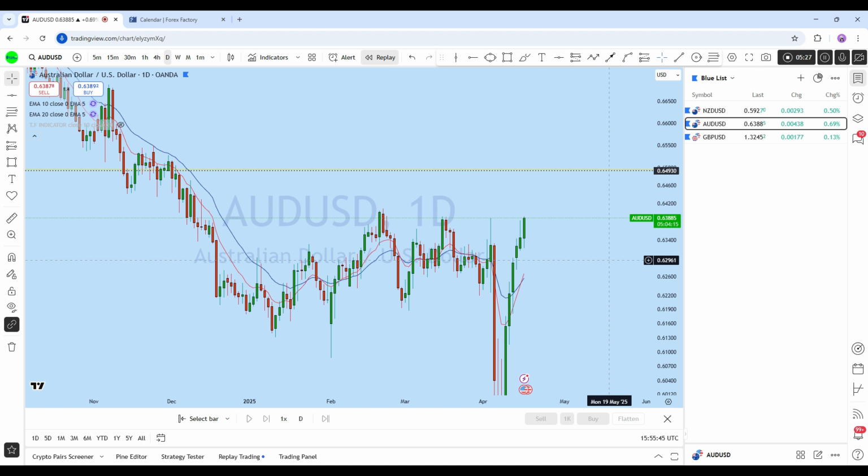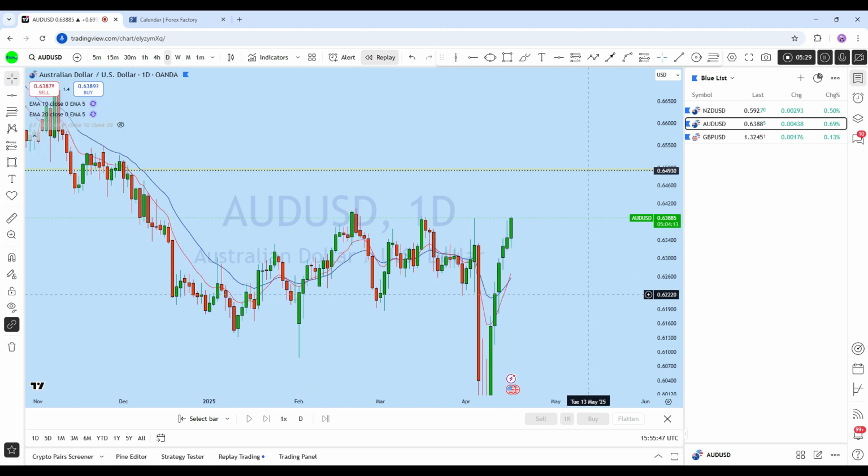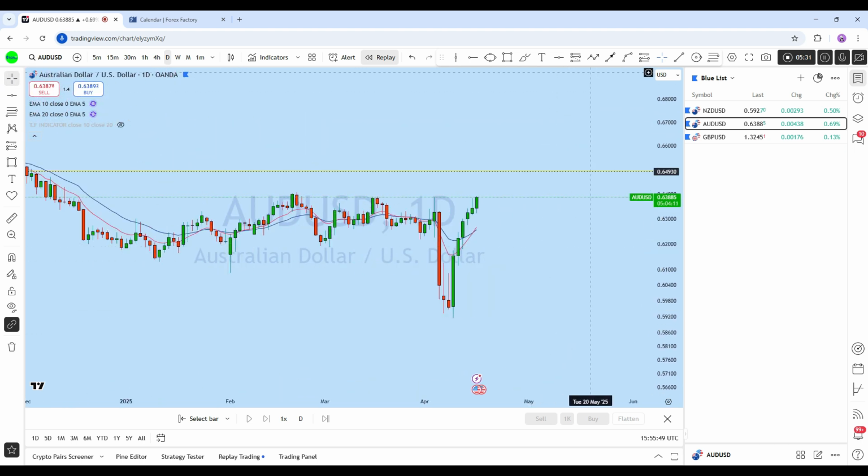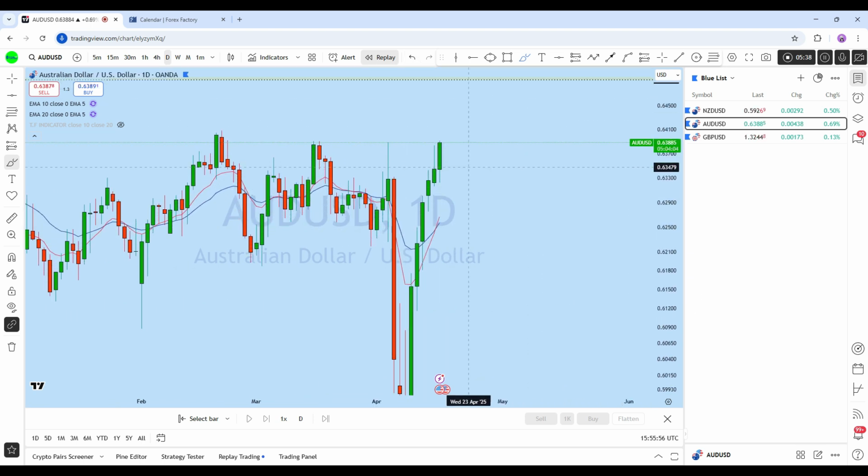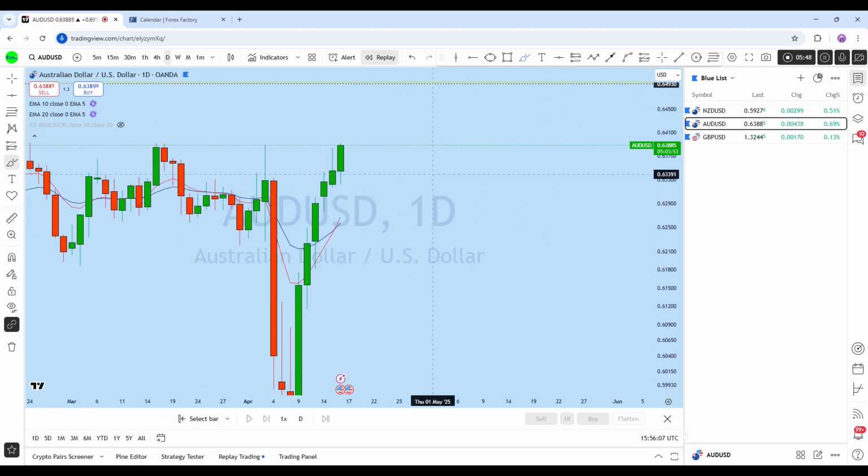Here on the daily chart on AUDUSD, this is a daily impulse, a clean impulse here, and with this daily candle where there's a long wick at the top, expecting AUDUSD for the price to potentially retest and then to return again back to the upside to create a new higher high.